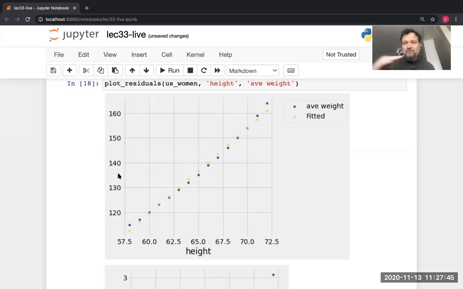And the curve is a little hard to tell, but if I was to exaggerate, it's kind of like this. And if you think about it from some physics point of view, it actually kind of, in retrospect, makes sense that if you take someone and you double their height and you double their width, then you've kind of multiplied by a factor of 4. And so maybe their weight should go up by more than a factor of 2, but maybe it should go up by a larger factor, like a factor of 4. And in fact, you get a much better fit if you do a quadratic.